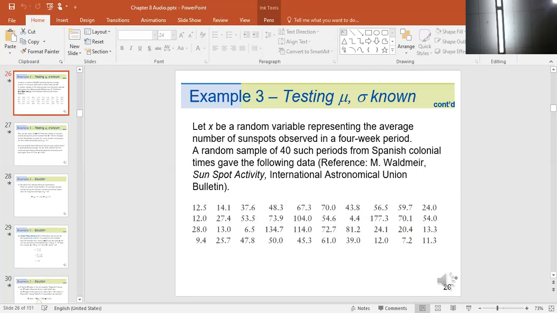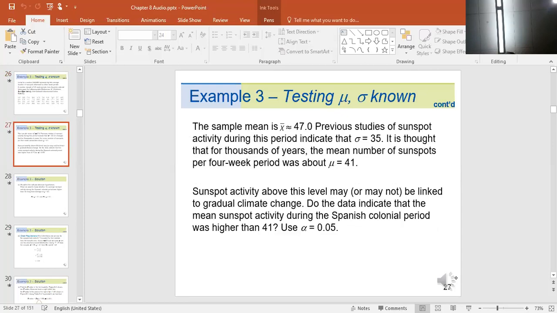If you were to enter data, you will go to Edit and enter data on L1. But now you go to Test. The first one is Z-test on the calculator. So Z-test.